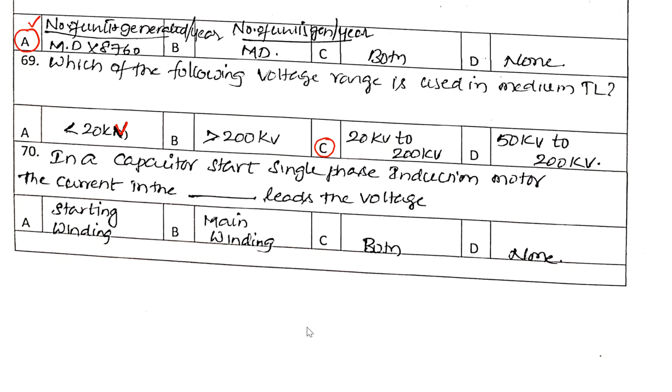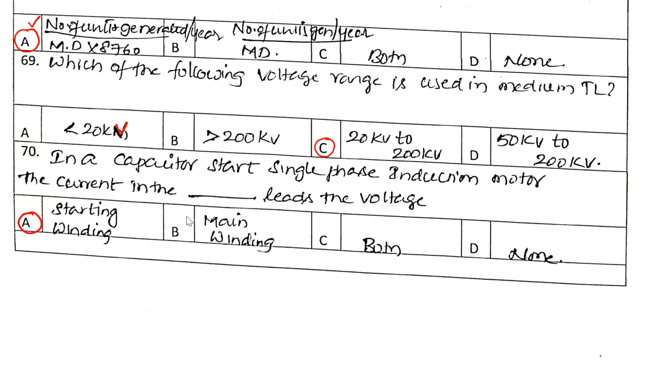In a capacitor start single phase induction motor, the current in dash leads the voltage. There are two windings present in a capacitor start induction motor. One is the auxiliary winding, another is the main winding. The auxiliary winding is also known as the starting winding here. In a capacitor start single phase induction motor, the current in the main winding leads the voltage. Or rather, the correct answer here is the starting winding.